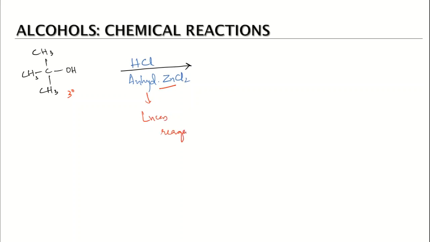We have hydrochloric acid in the presence of anhydrous zinc chloride as the catalyst, and the product of this reaction is an alkyl halide. So what will be the product? We'll get a product in which the OH will be replaced by chlorine, with the alkyl groups attached to the carbon, plus we'll get water as the byproduct.